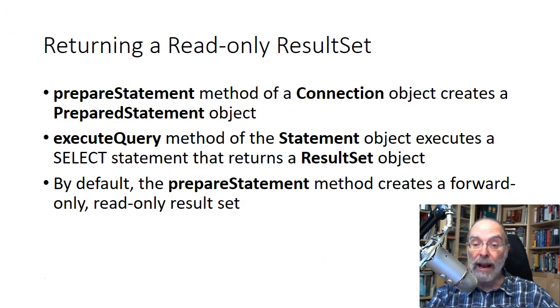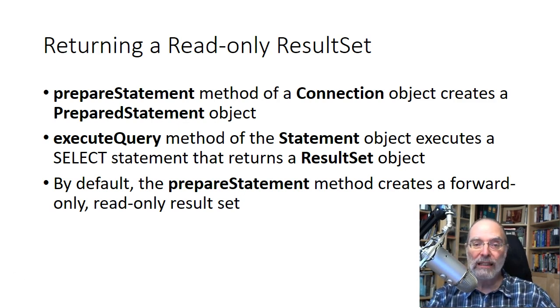We're using the prepared statement, and it creates a prepared statement object. What it does, when we execute it, is retrieve the result set in such a way that we can process it. Remember, the result set is a reference to one or more rows in the database, actually 0 or more rows.